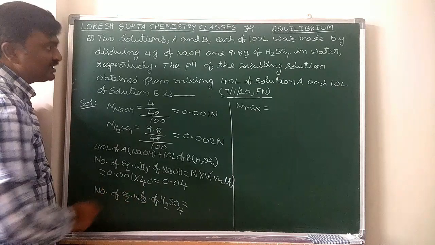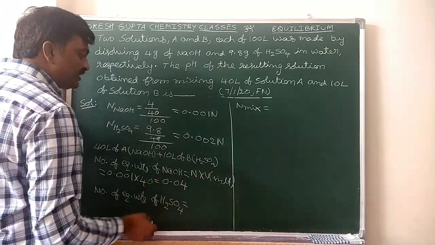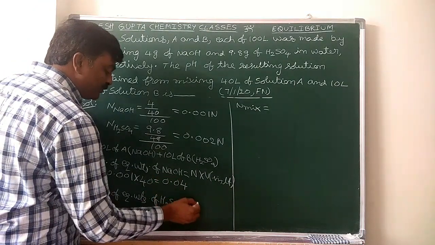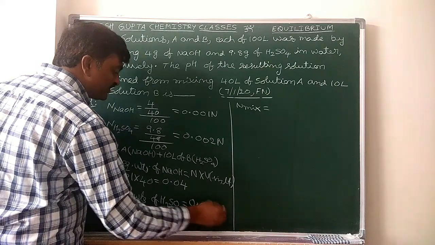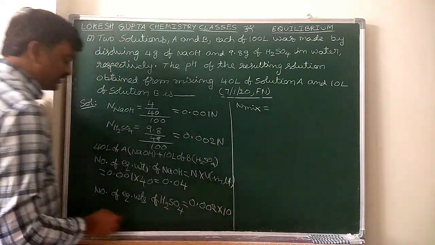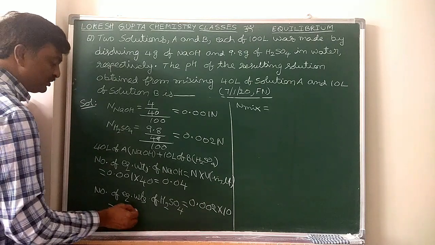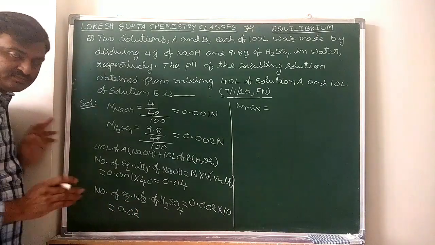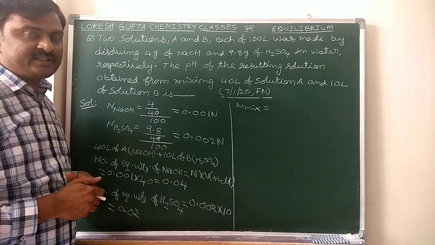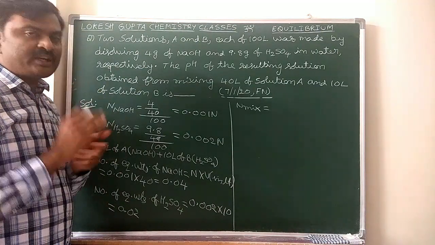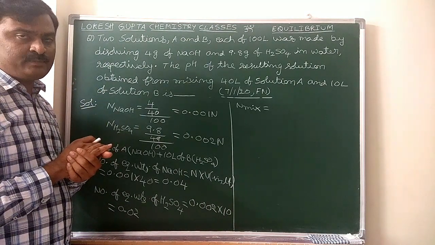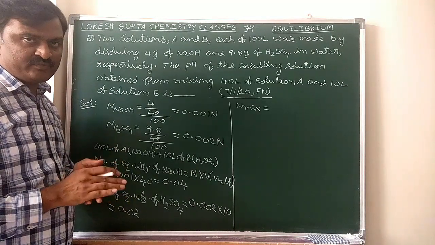Next, the number of equivalent weights of sulfuric acid. Normality 0.002 into volume 10 liters is equal to 0.02 equivalent weights. See, at the beginning I said the number of equivalent weights of acid and base reacted should be equal.